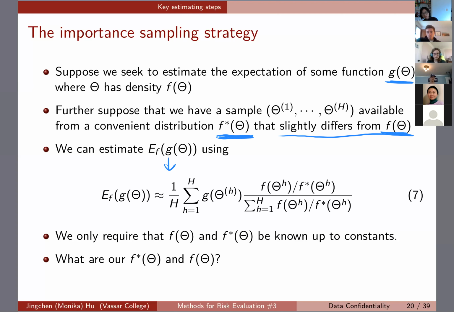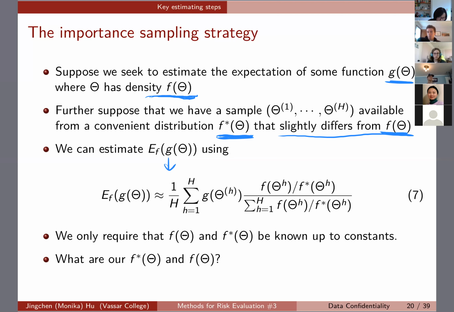Okay. So just to refresh your memory a little bit, we have a function g(theta) that we want to estimate. Okay, we don't know what it is yet, but as you can see, we're using the draws theta from a model that we have estimated to estimate this g(theta). Okay, and theta has density f(theta), unknown, difficult to get.